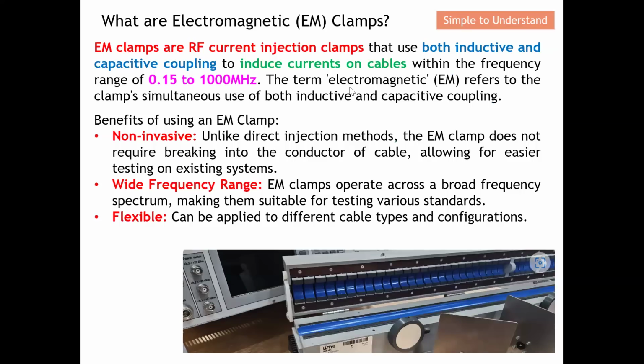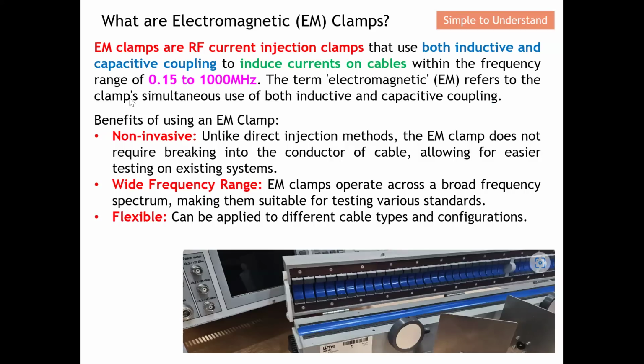The term electromagnetic refers to the clamp's simultaneous use of both inductive and capacitive coupling. I guess you know the meaning of electromagnetic, basically with the E field and also the magnetic field. So you need the inductive coupling, which is for the magnetic field, and the capacitive coupling, which is for the E field. In short, for EM you need both inductive and capacitive coupling here.